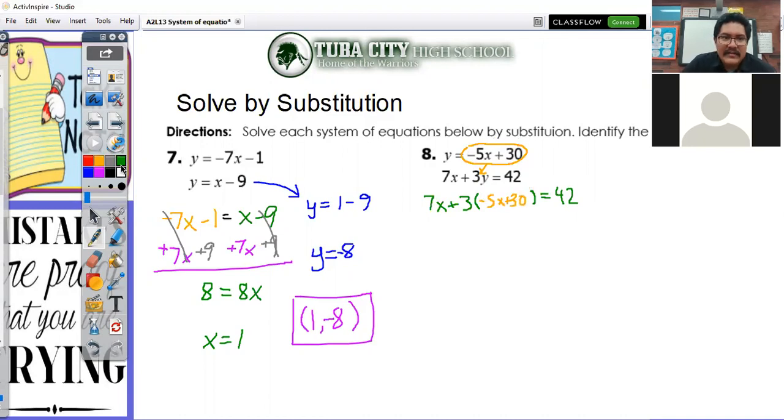Now from here, I'm going to have to use my regular skills of algebra. Negative 15x plus 90 equals 42.